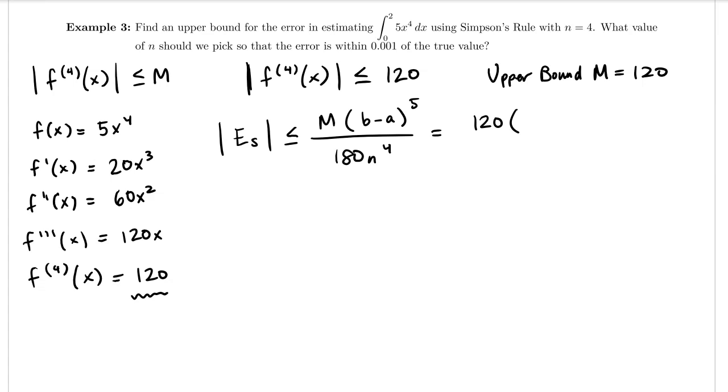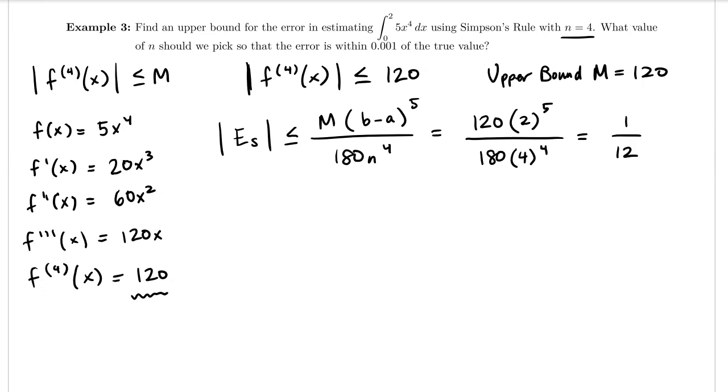B minus A is 2 minus 0, which is 2 to the 5th power. And then we have 180 times our given n value, n equals 4, so I have 4 to the 4th power. And if you simplify this number, this ends up equaling 1 over 12.